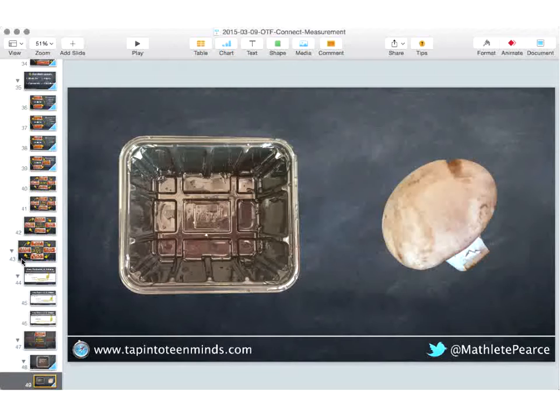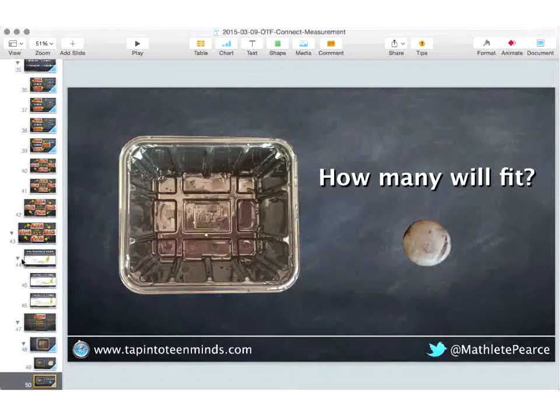So the first piece we can do here, before students even really have an understanding of what perimeter or area really is, we can get them thinking just about what area really is, like how many would fit along the bottom of this particular container. And typically I would have my students chat this out, and you'll usually get some really interesting questions come back.